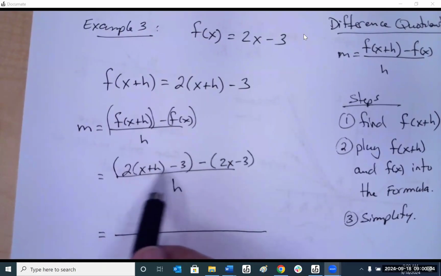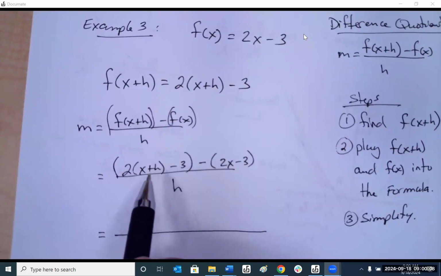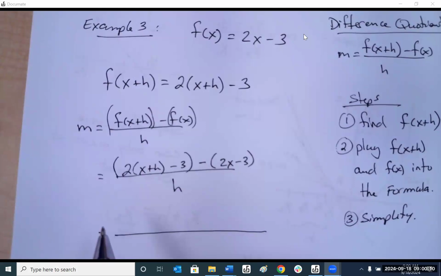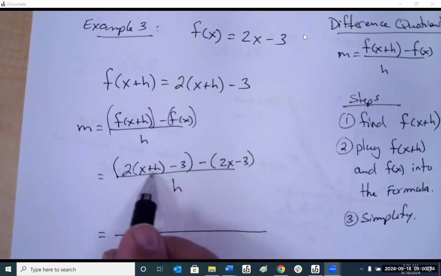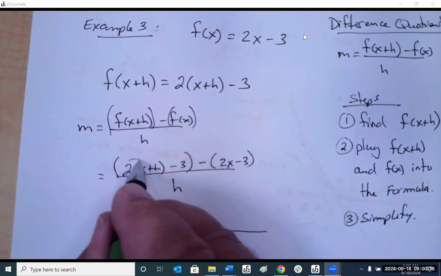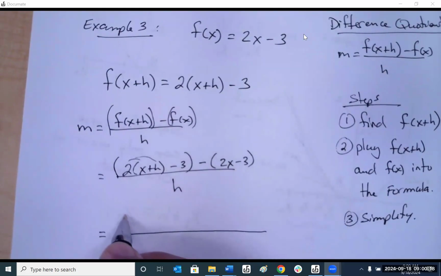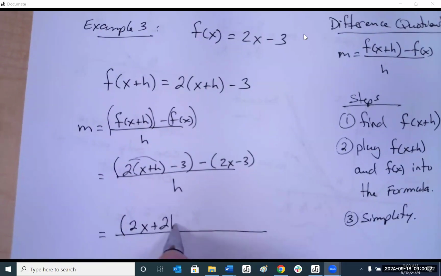So what can I do inside the first parenthesis? Distributivity. Right, yes, exactly. Now, since I can't do anything inside there, I get rid of the parenthesis.